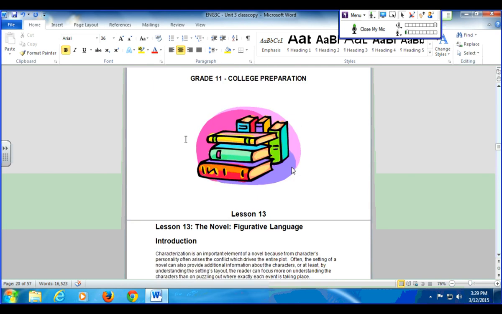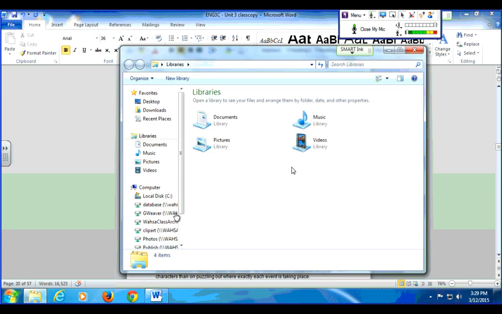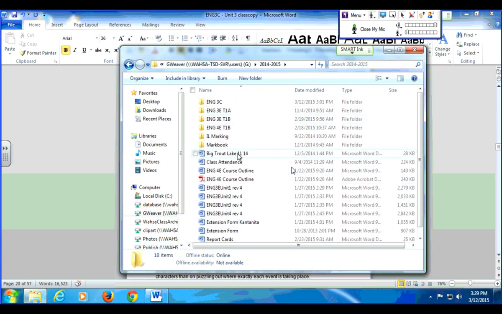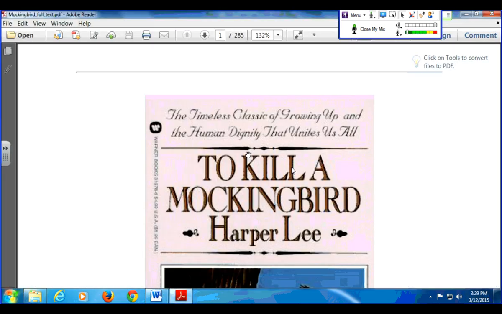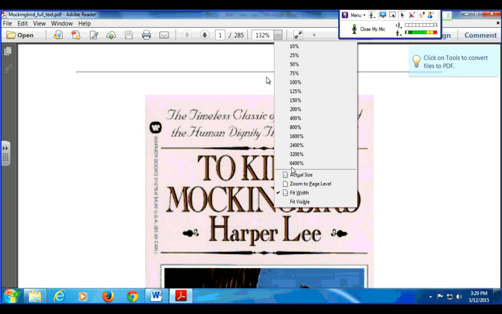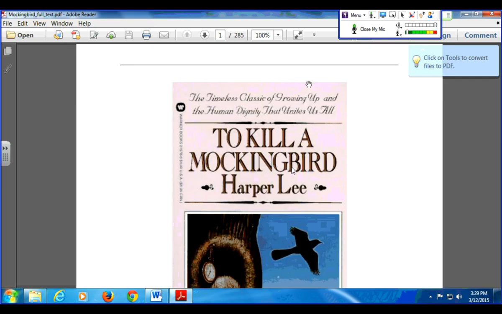What we're going to do instead, because there's still a bit of time left in class, is start looking at a bit of part 2 of the novel. Just because I don't want to get started with lesson 13 right now, and it'll give you a bit of an insight into the start of the second part of the novel.